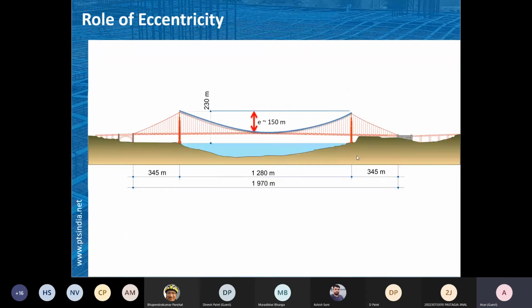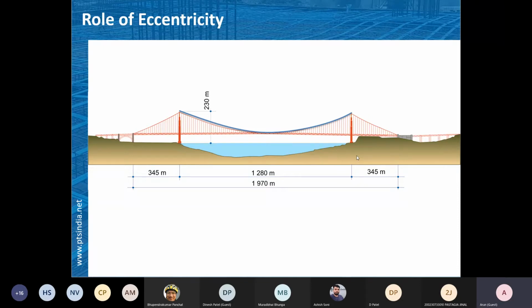You can see that the clear span, pylon to pylon, is around 1.28 kilometer. So it's a huge span. And the height of the pylon is around 230 meter. 230 meter is around a 75-story building. So the pylon itself is a 75-story building.